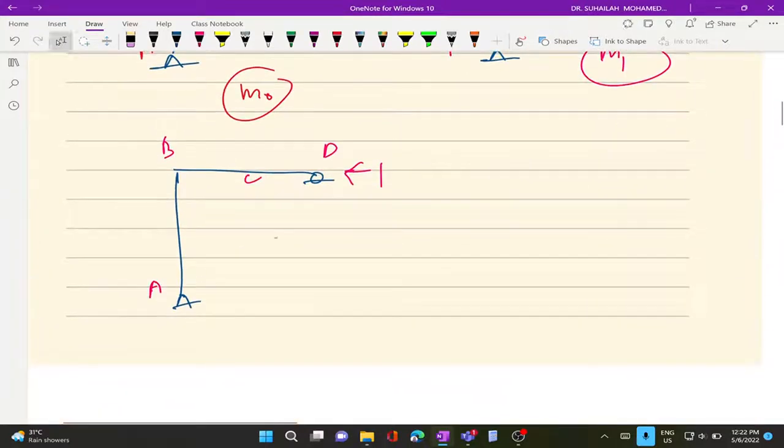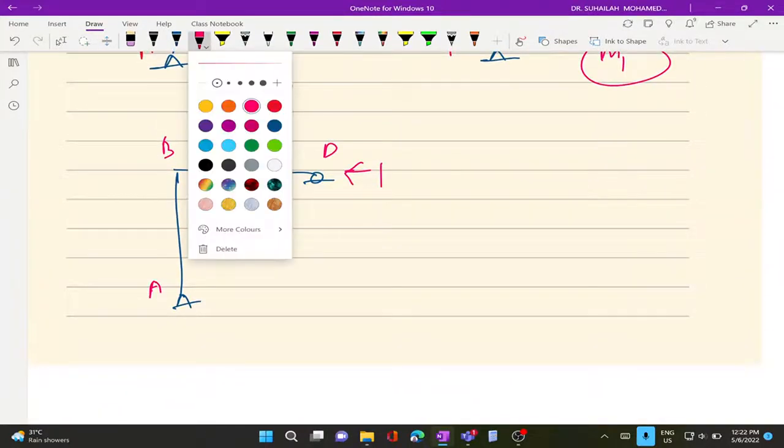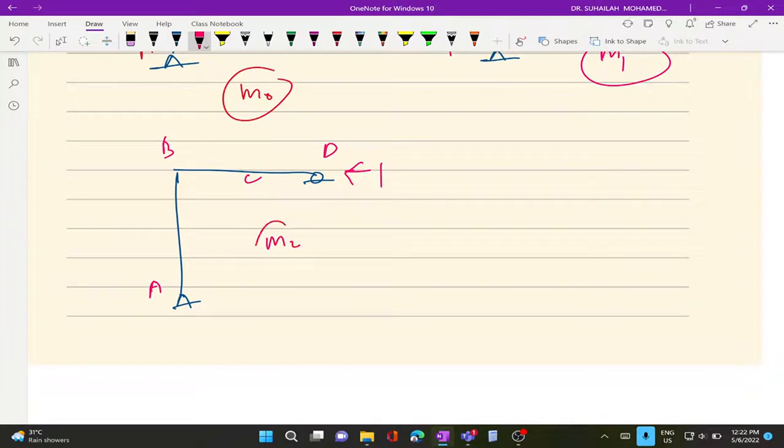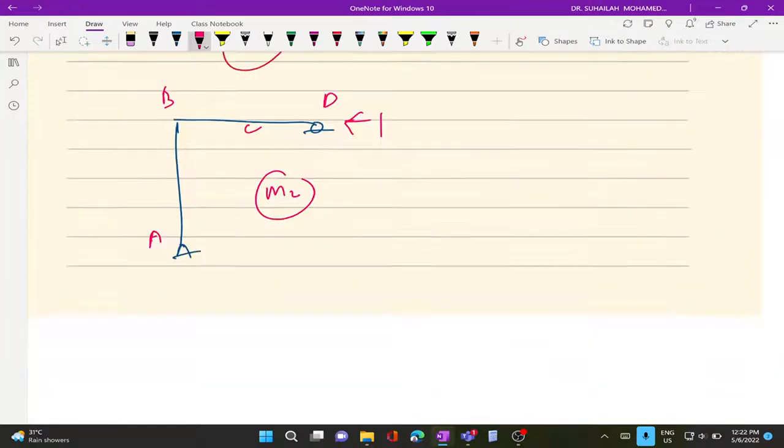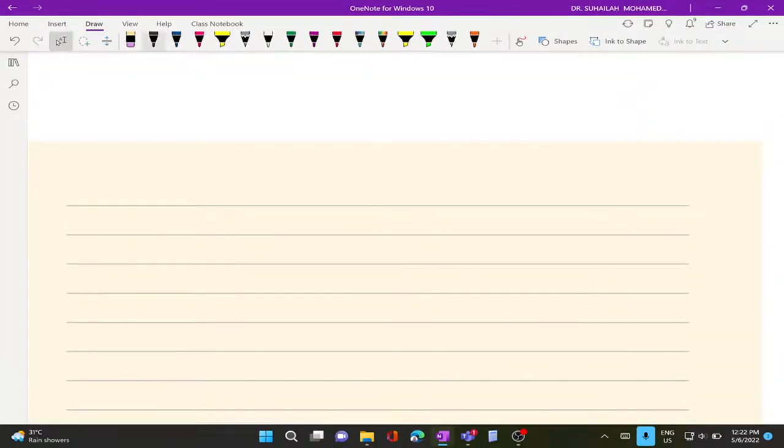Okay, equal to M2. And then, dah dapat the moment equation. Okay, tabulate in table form. In this case, dia punya table looks like this.